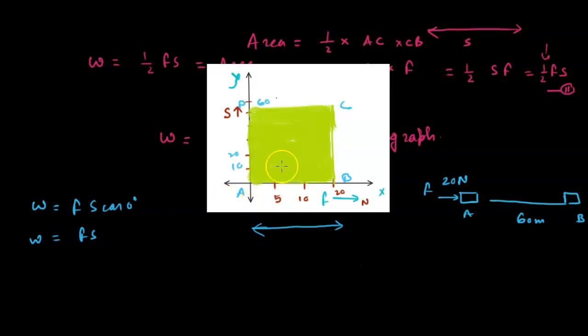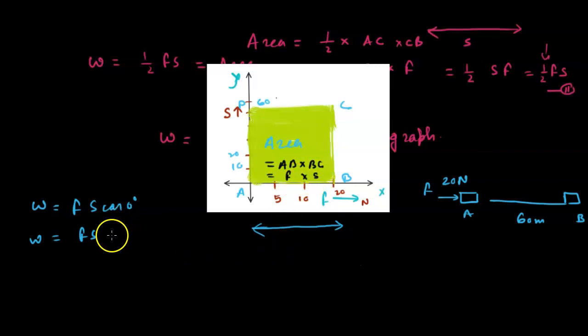Now here you can see what will be the area. It looks like a square, but we will consider a rectangle for some time. Area will be AB into BC. Now AB is representing force and BC is representing displacement.